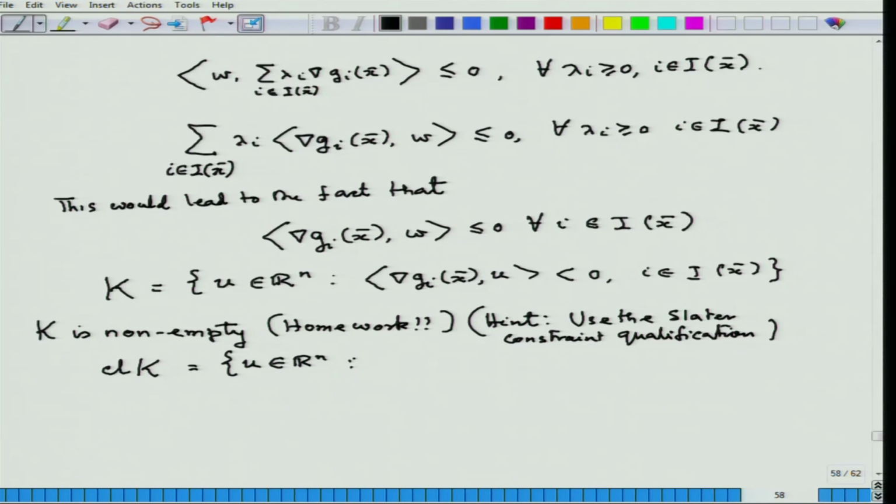This would also be homework, and the hint is the same: apply the Slater condition. Because this is non-empty, the Slater condition is satisfied for this particular set K and for this system of inequalities. Then the closure of this sort of set is this, and the interior of this sort of set is this. So, this is also homework.